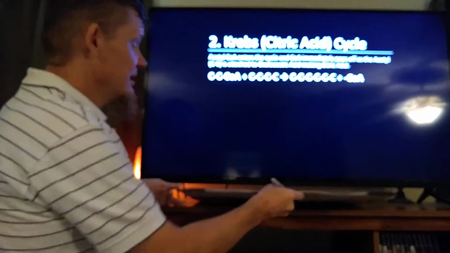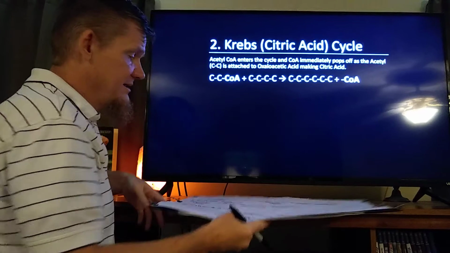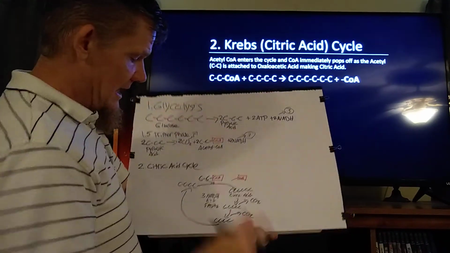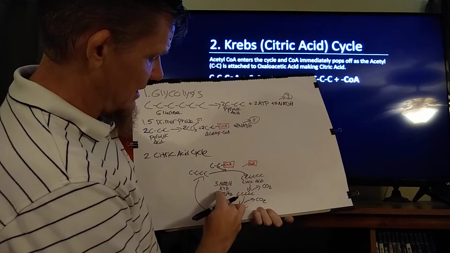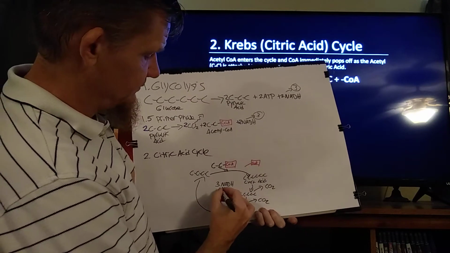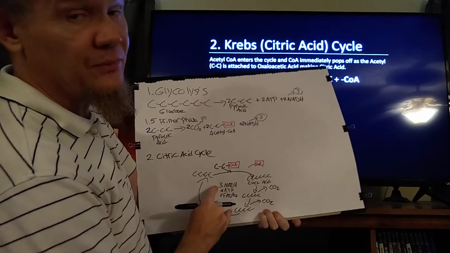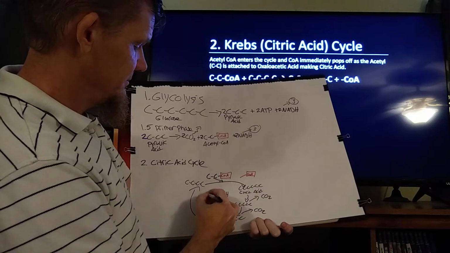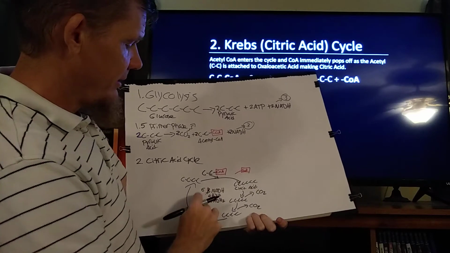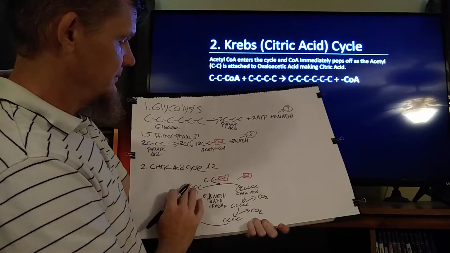So at the end of the citric acid cycle, because I do the whole process twice, I don't get 1 FADH2, I get 2. I don't get 1 ATP, I get 2. And I don't get 3 NADHs, I get 6. Because I do the whole process twice.